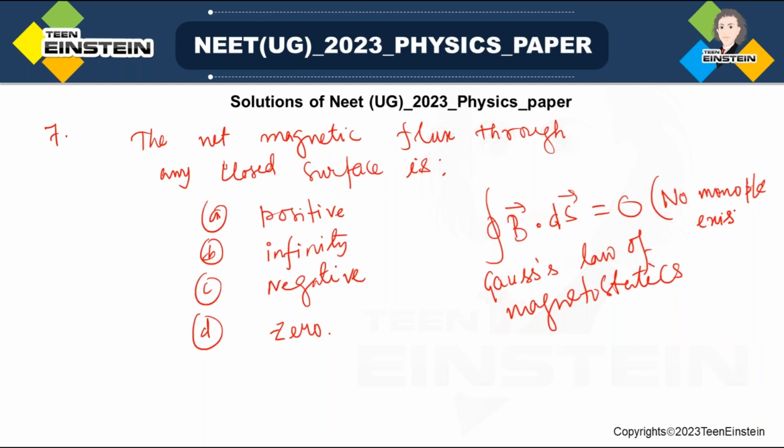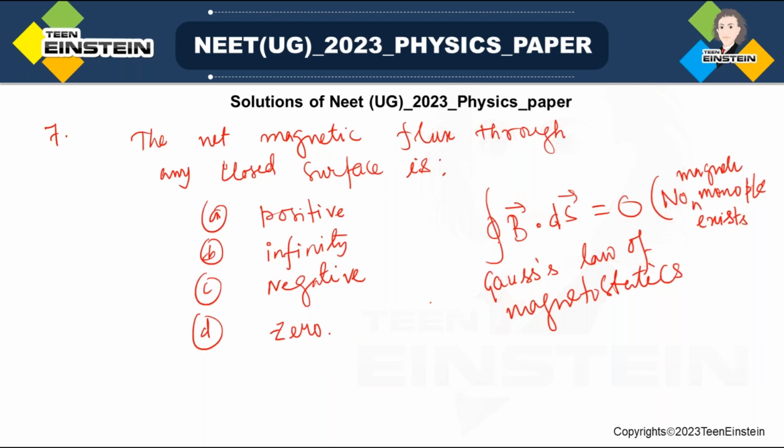So no monopole exists. Monopole is magnetic monopole. So magnetic bars also, that's why there will be positive and negative. So no magnetic monopole exists here. So that is what we have to find out.